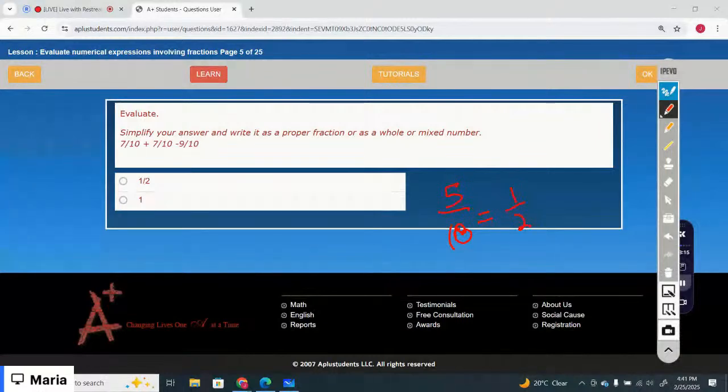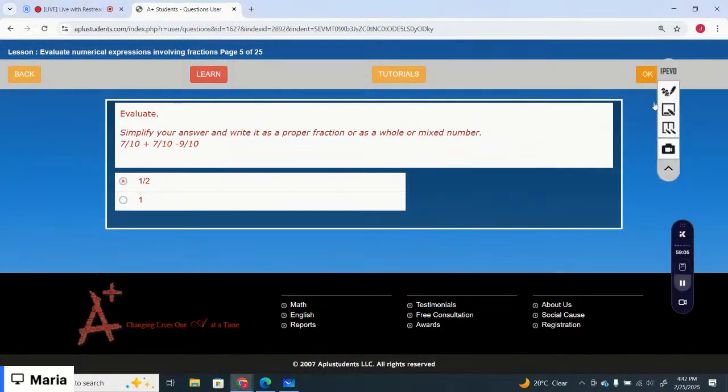That is 1 over 2. Option number 1 is the correct option.